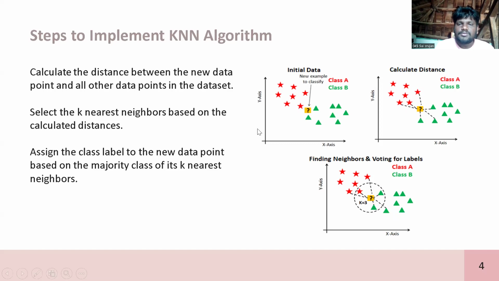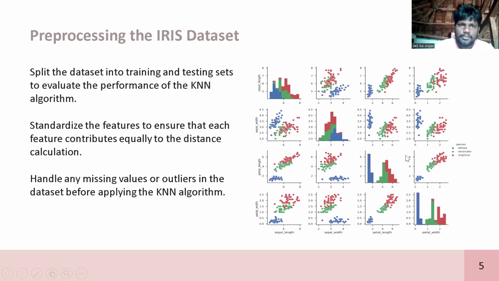See here an example: these are the data points, class A and class B. These are the nearest ones, the points we select as the K nearest neighbors.